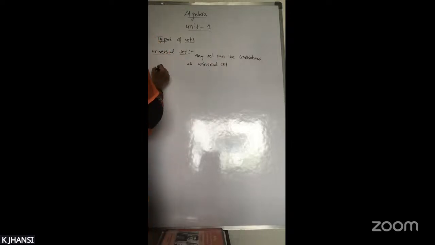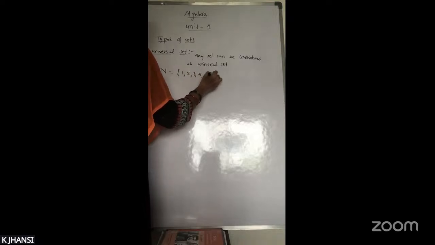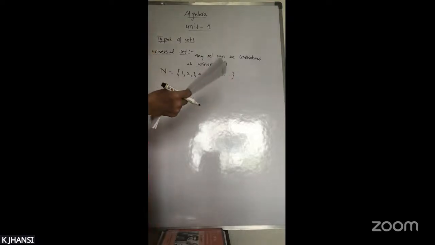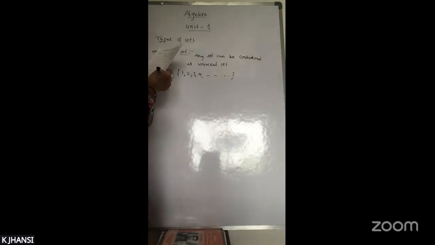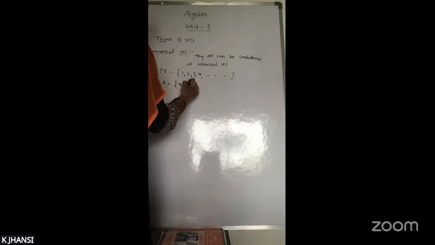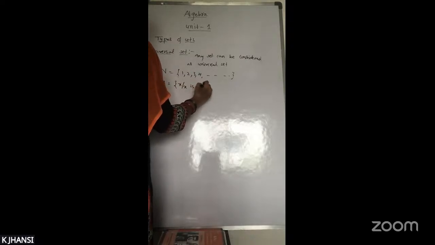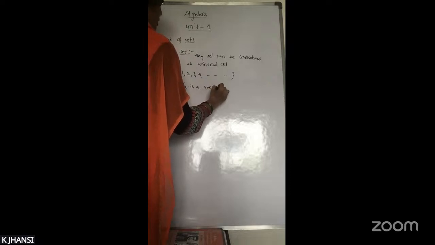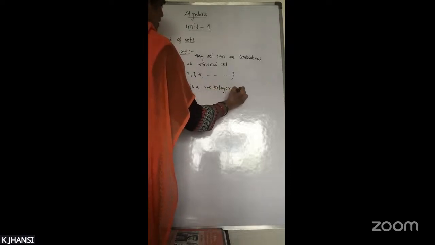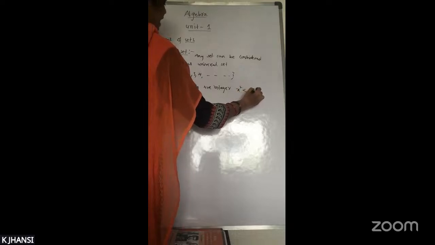We can take the example of the set of natural numbers, 1, 2, 3, 4, and so on. This is the set of natural numbers we have. If you take one more set, set A is equal to x such that x is a positive integer, where x square is less than 20.